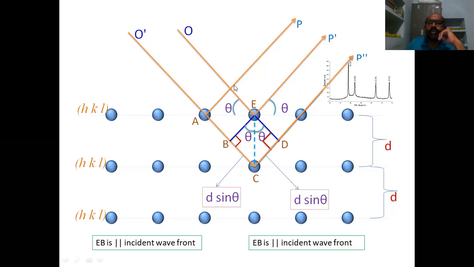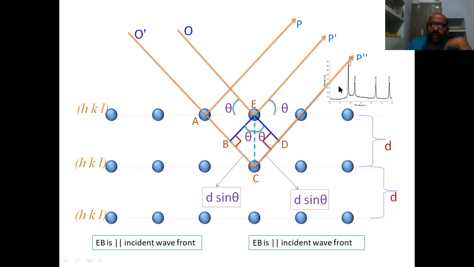But in the case of reflections from different planes, one light ray falls on the first plane, that is OE, and is reflected along the direction EP', and another X-ray falls on the second plane, that is O'C.